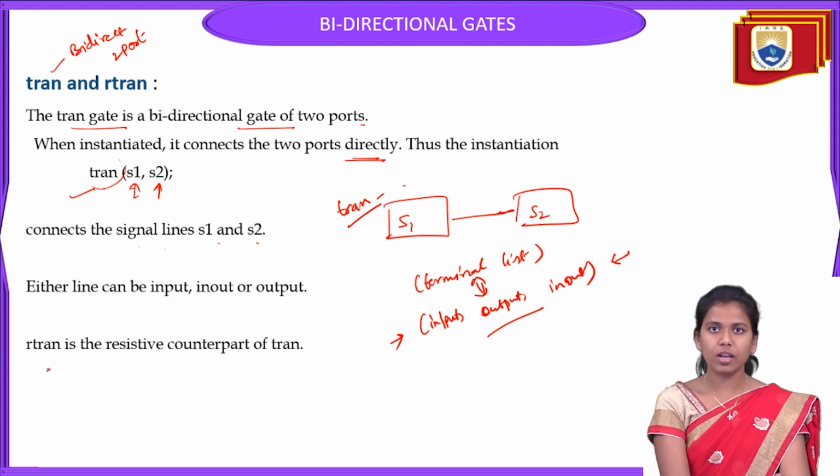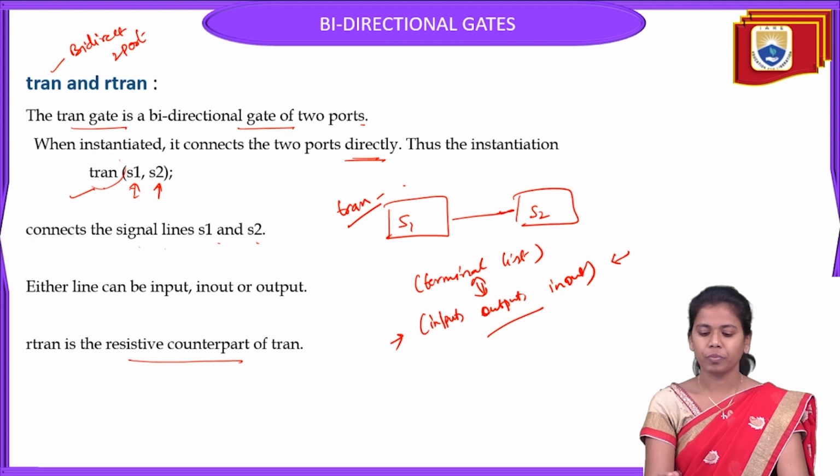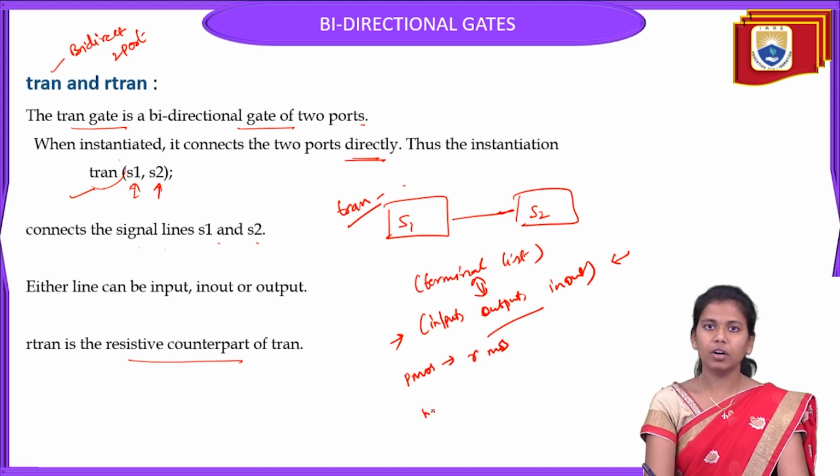And then RTran is nothing but the resistive counterpart of Tran. As I said, we have six different types of bidirectional gates, and each bidirectional gate has a resistive counterpart. For PMOS, the resistive bidirectional gate would be RPMOS. For NMOS, it would be RNMOS.